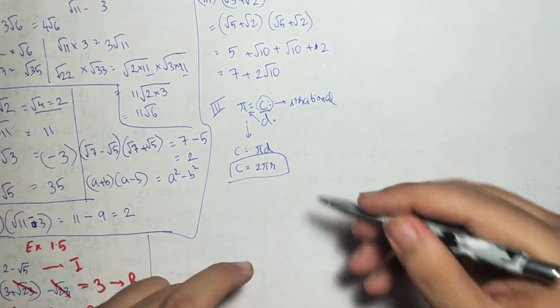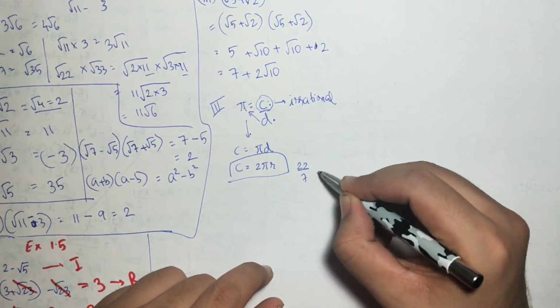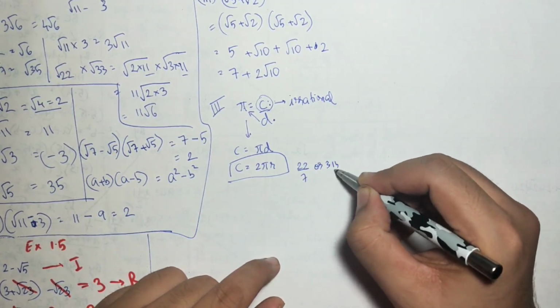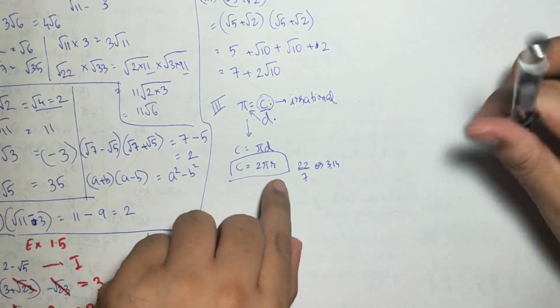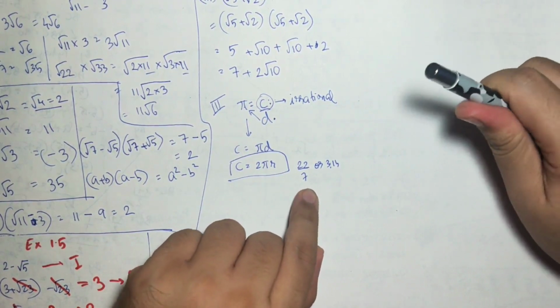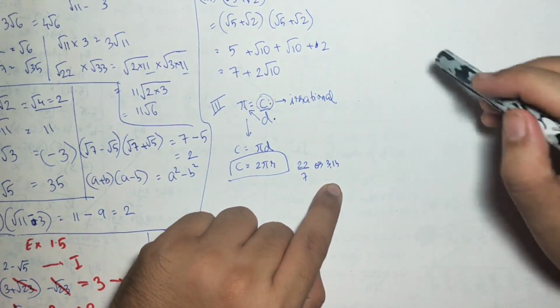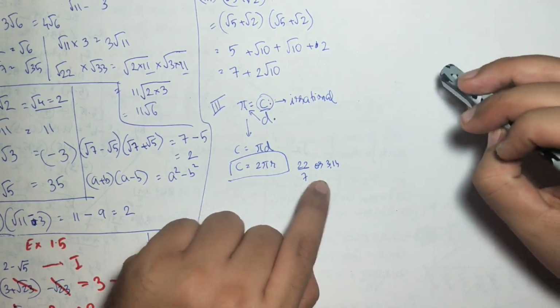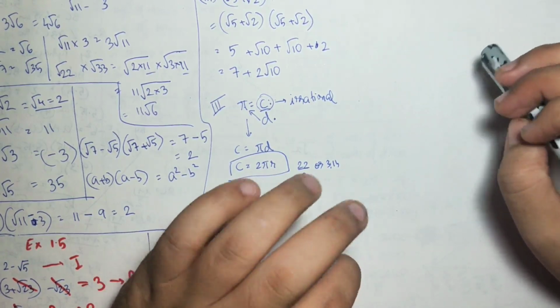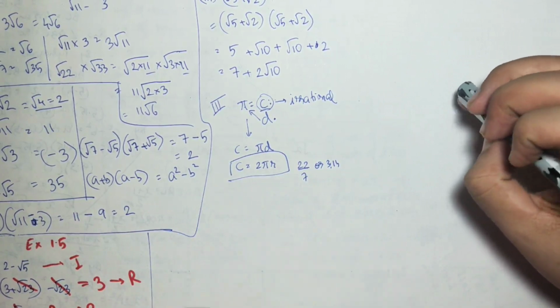अब पाई की वैल्यू हमको सिखाई गई है 22/7 और 3.14। We have been taught the value of pi as 22/7 or 3.14. These both values are actually not the accurate values of pi. They are just approximate values of pi.